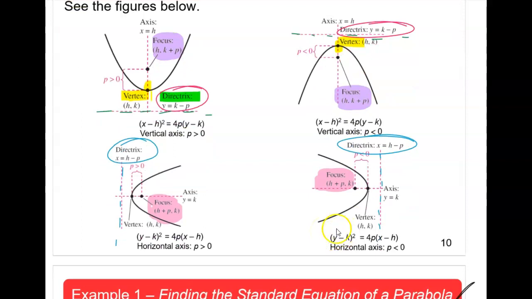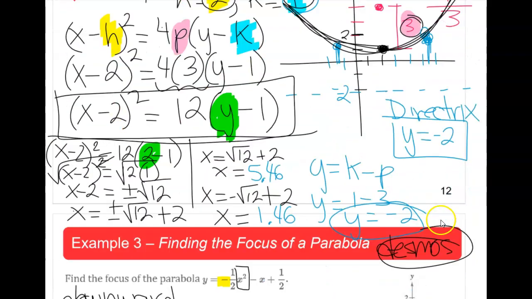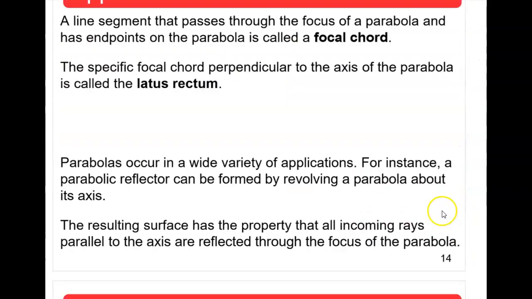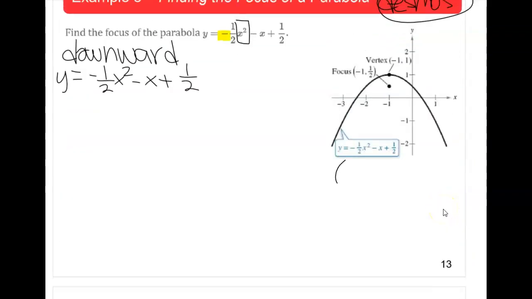And we want to get to something. We already established that it's going to be opening downward, so something like this one here. And so we want to get to something of this form: x minus h squared equals 4p times y minus k. So we're going to copy that. So x minus h squared equals 4p and then y minus k.